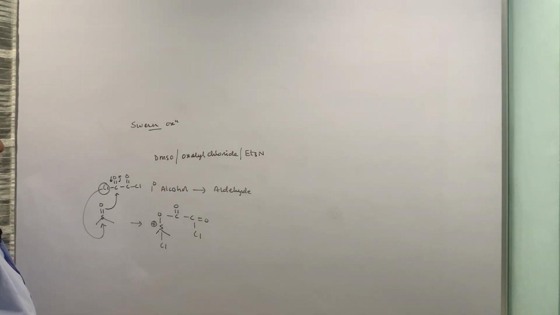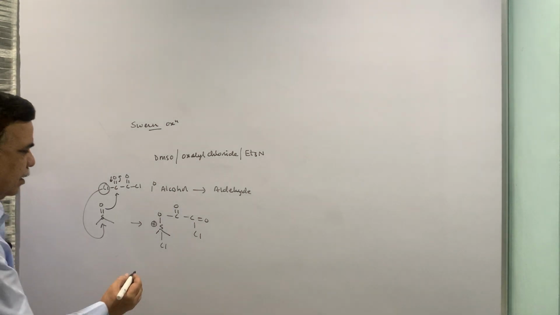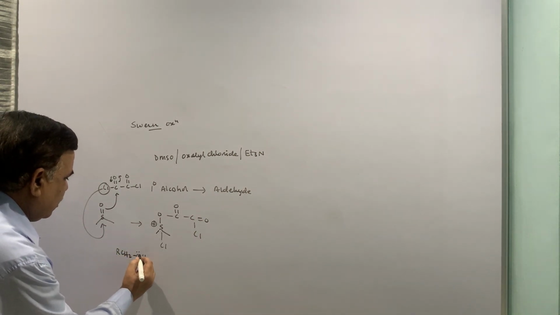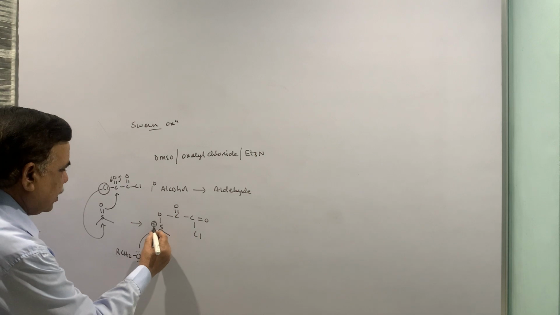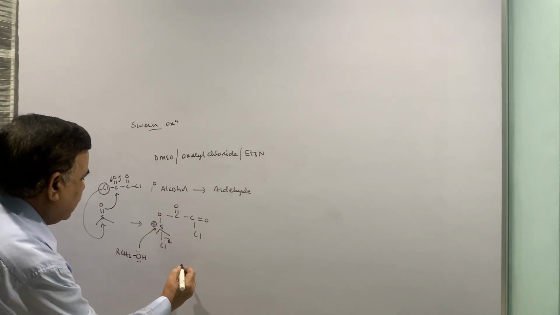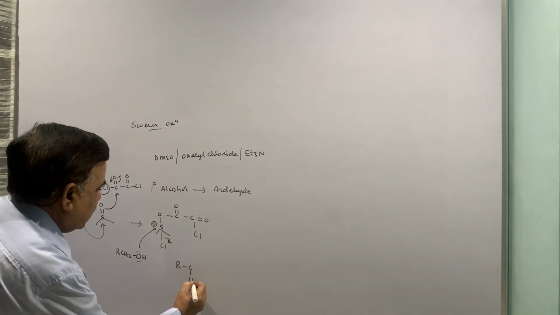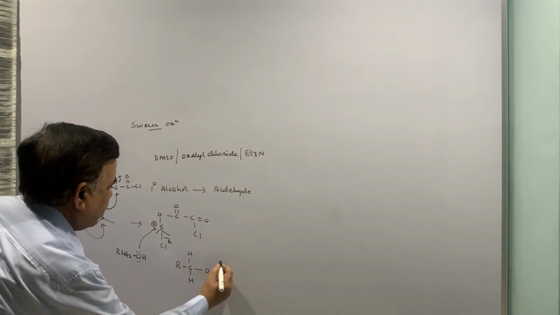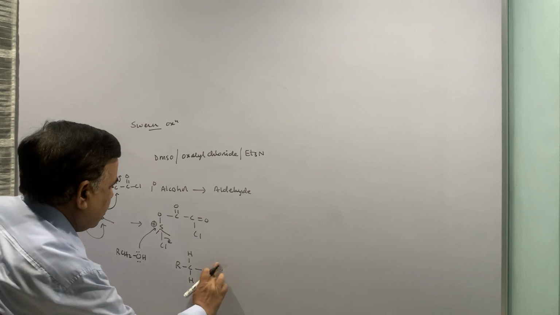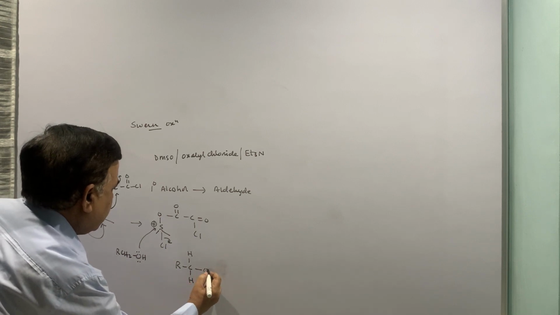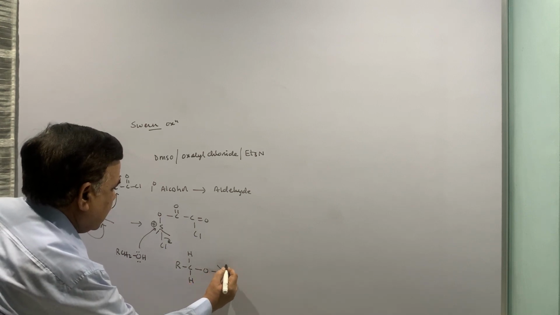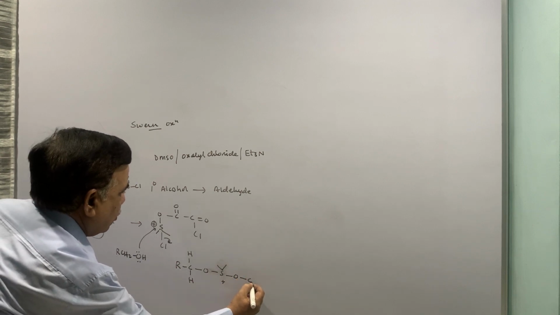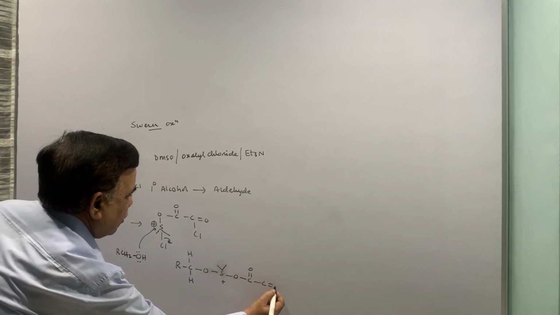Okay. Then let me put primary alcohol as RCH2OH. This attacks here, this goes off. So it will be RCH2O, then S, O, CO, COCl.